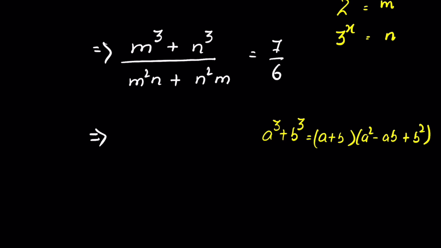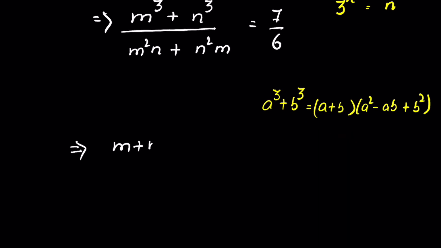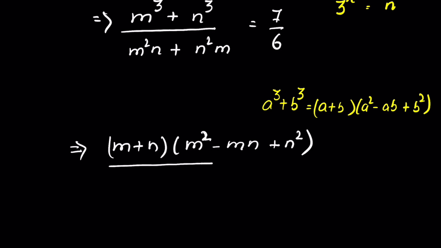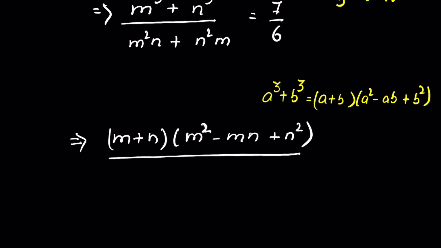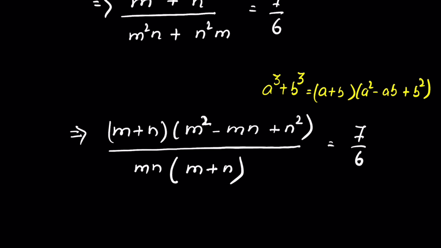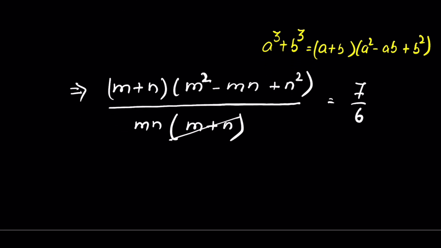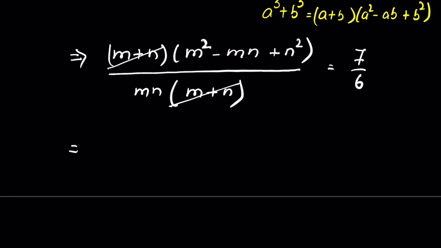So this we can write as m plus n times m square minus mn plus n square upon, here we can take m times n common and write m plus n in the parenthesis, is equal to 7 upon 6. Now these are two like factors that we can cancel. Now let's cross multiply it.